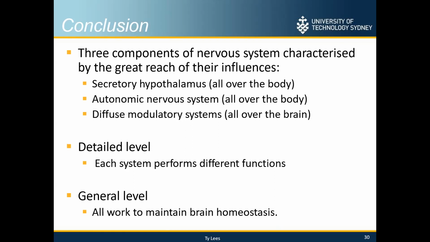And you also have the diffuse modulatory system, which is a network of neurons that fans out all over the brain. Each of these perform different functions in the body and altogether maintain brain homeostasis.